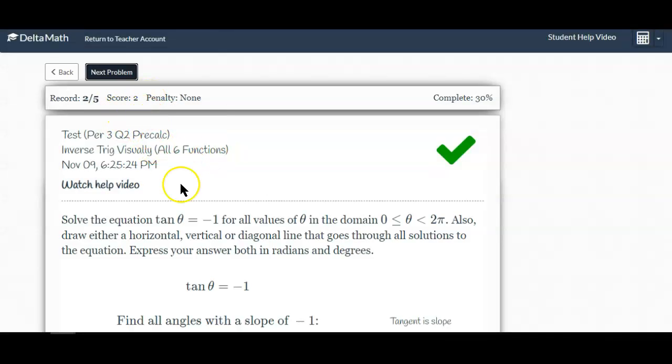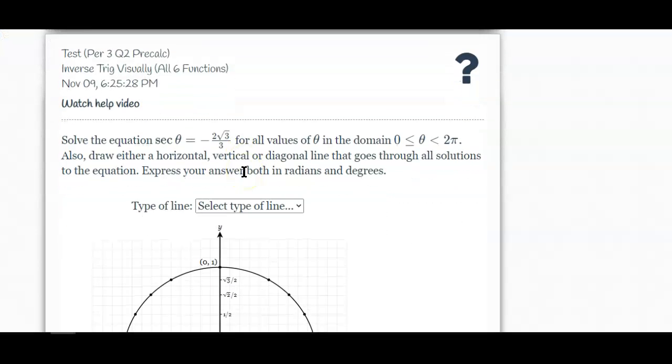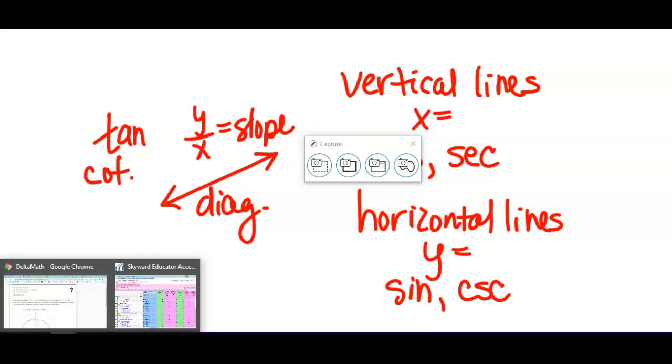All right, I'm hoping for a new problem that gives me something different. Okay, we need to figure out where the secant would be. Well, if we flip this over, I'm going to actually take a picture of this and do this one on a slide.